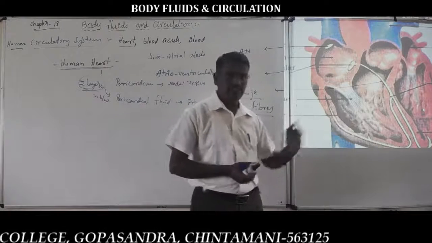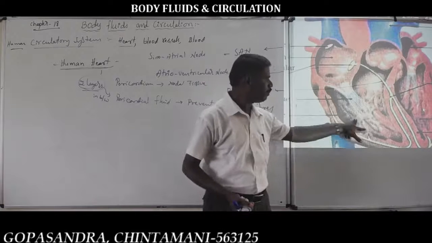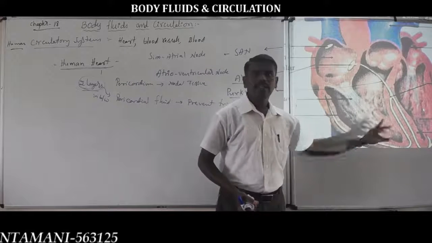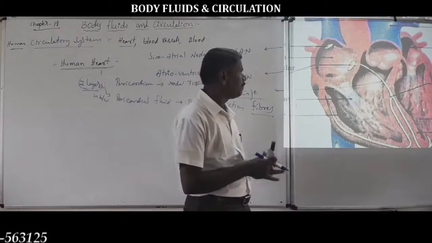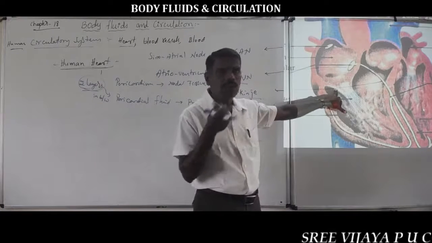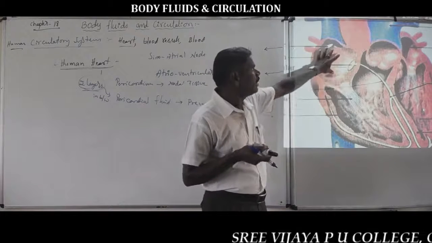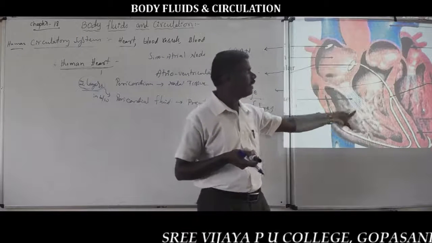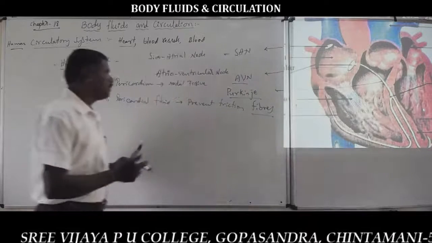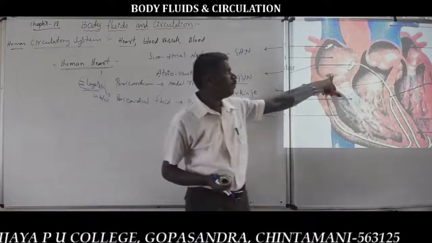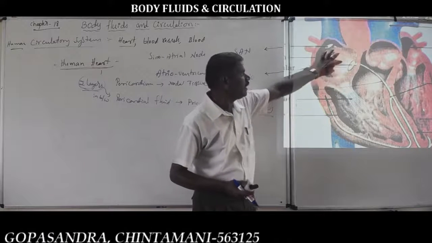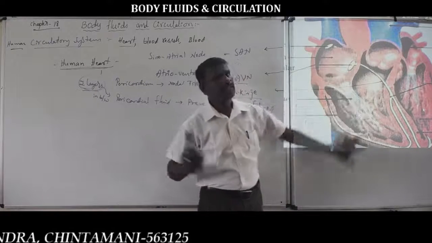There are also a number of papillary structures, and the chordae tendineae, like muscles which attach to the valves. There is a valve present between the right atrium and right ventricle, and between the left atrium and left ventricle. There is a pore which connects the right atrium to the right ventricle.